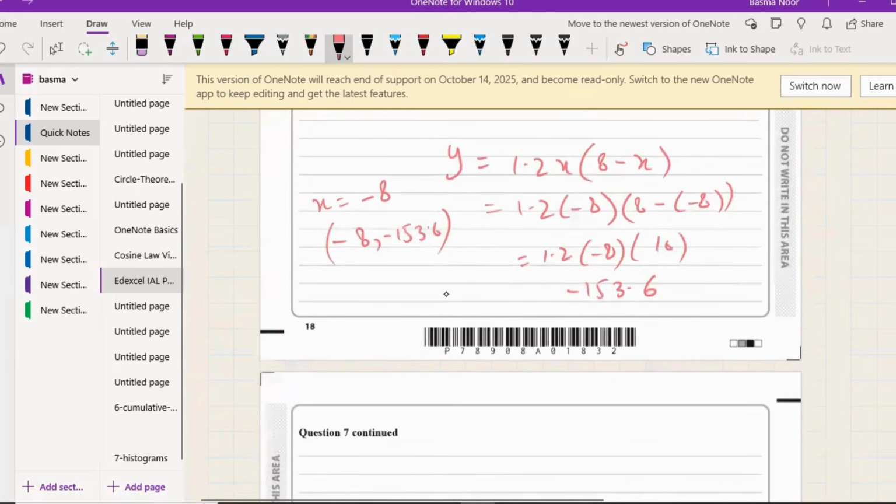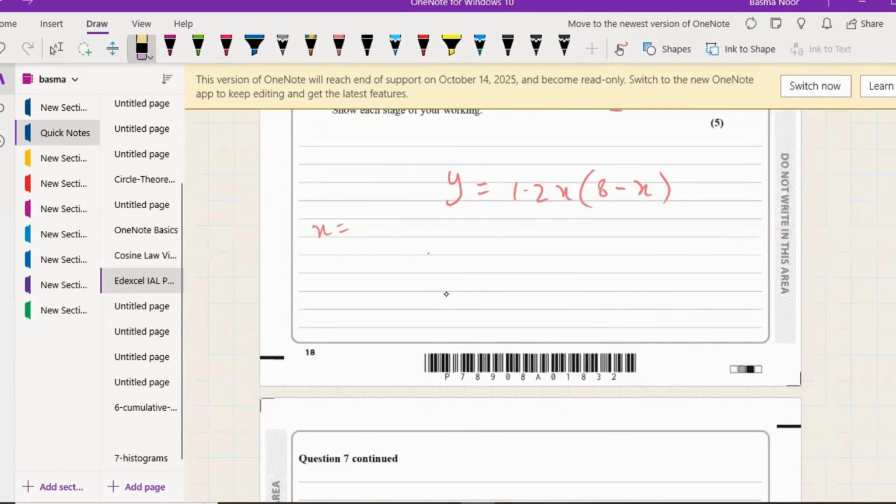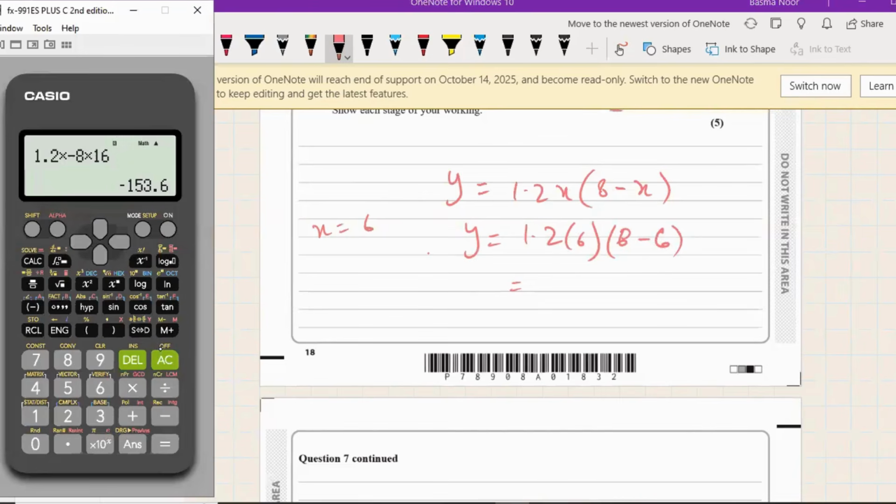We'll just replace it in this point again. Let me get some space and erase it. When x is 6 now, you replace x with 6, 1.2 times 6 times 8 minus 6, which will be 2, so that gets you 14.4.